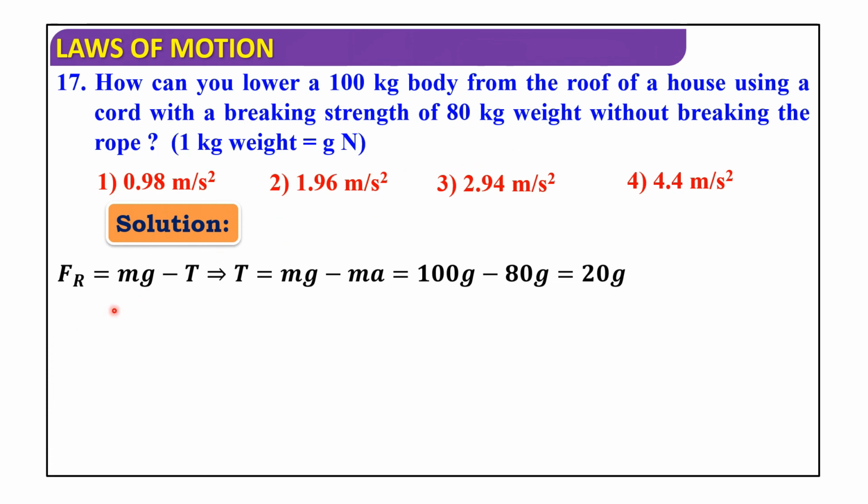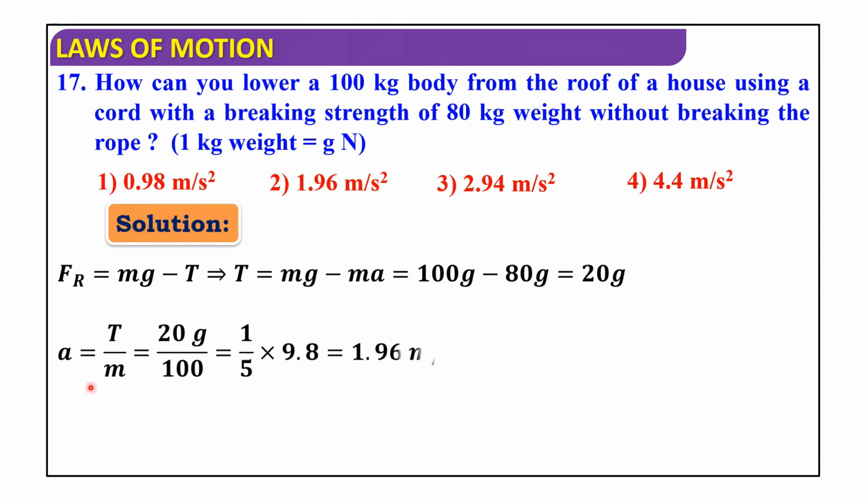Here F resultant is equal to mg minus T. So from this it can be written as T is equal to mg minus ma, where in the place of resultant force we are writing ma from Newton's second law of motion. 100 is given, here 100 kilogram. So 100g minus 80g, we are getting 20g.